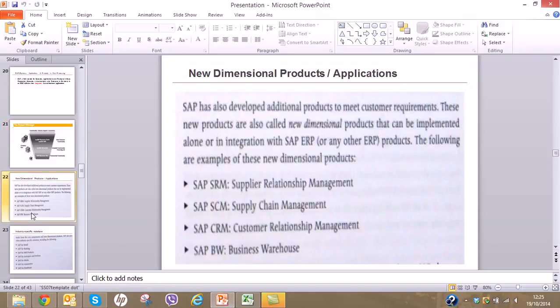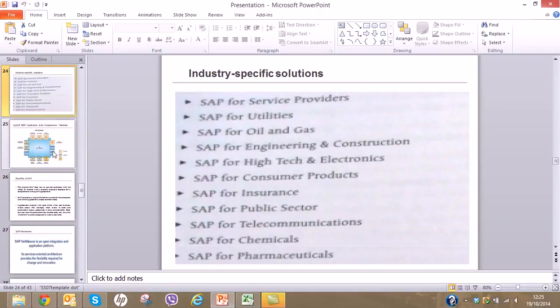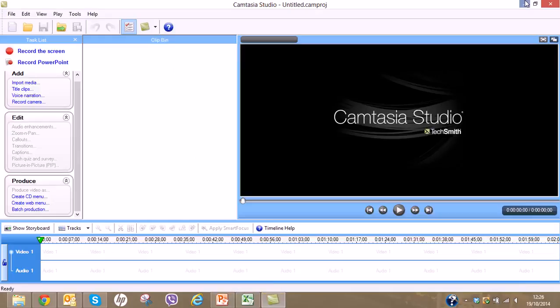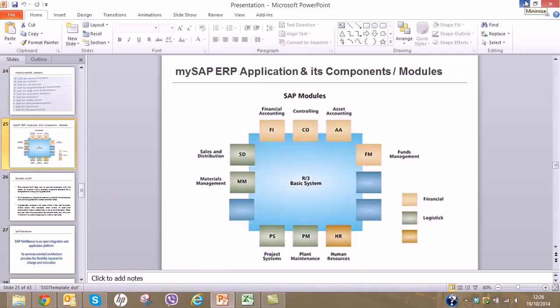So now in SAP ERP, because SAP ERP is the software which we are using for our development, for our training.